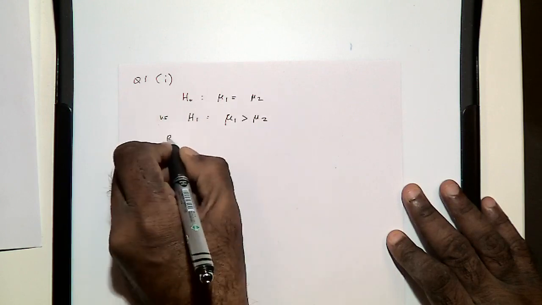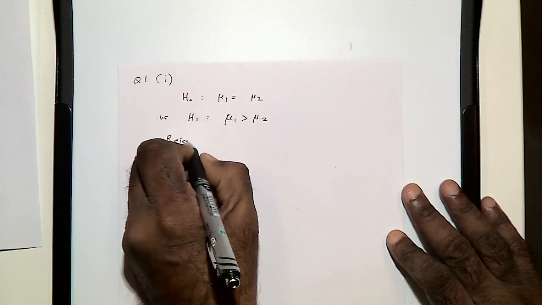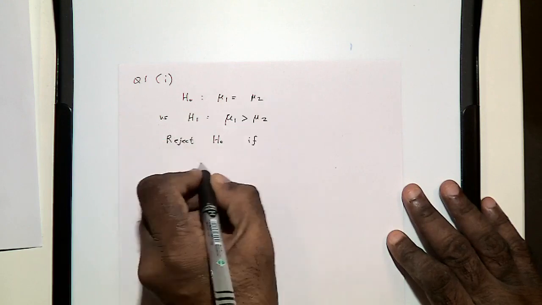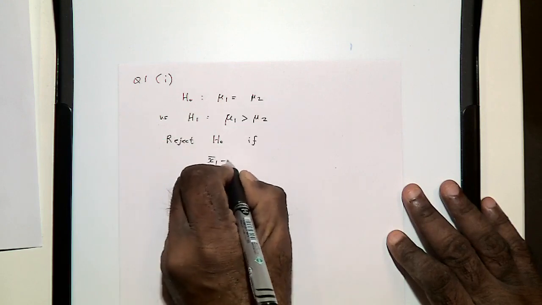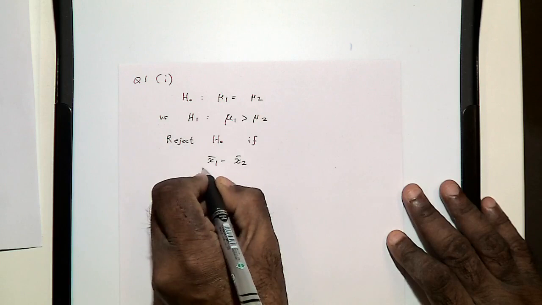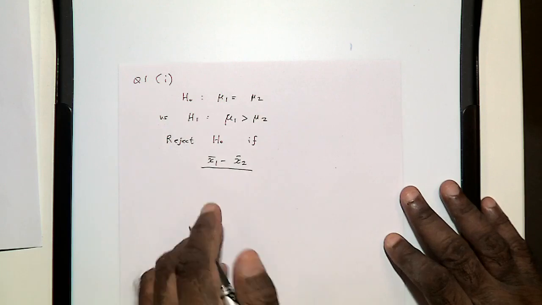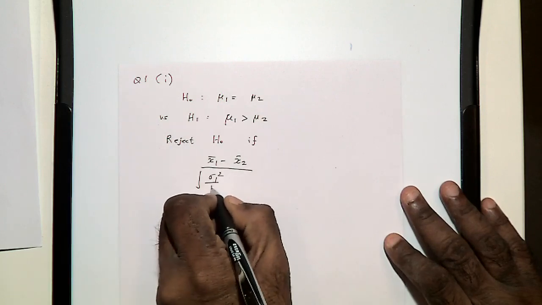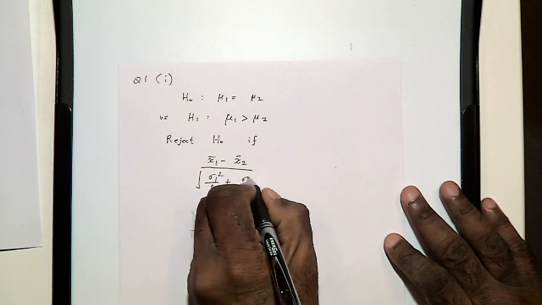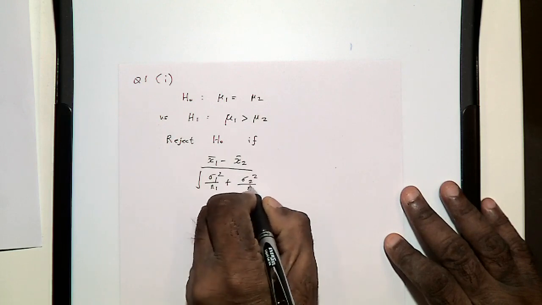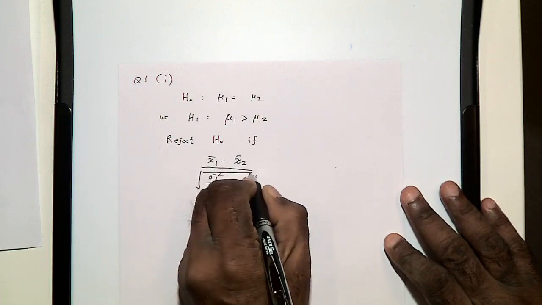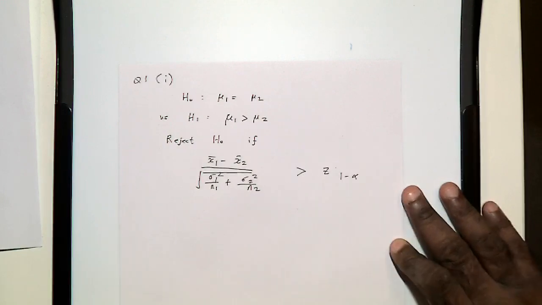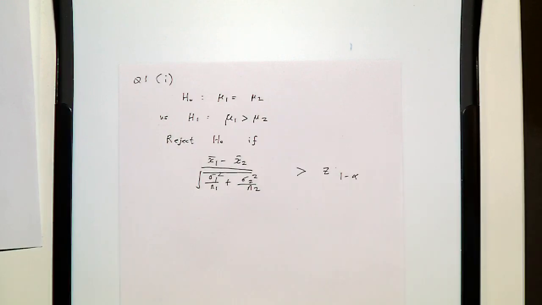And the rejection rule that we are going to use is x bar 1 minus x bar 2 divided by the square root of sigma 1 squared over n1 plus sigma 2 squared over n2. So this is the rejection rule, right?